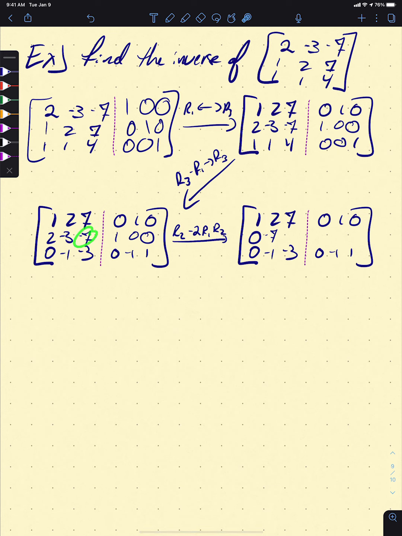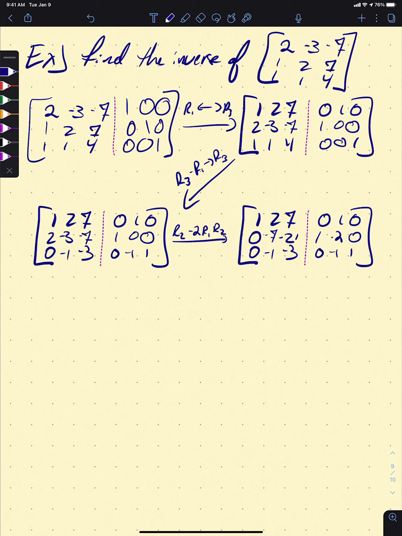We're going to get minus 7 minus 14 for -21, okay? We're going to get 1 minus 0 for 1. We're going to get 0 minus 2 for -2. And we have 0 and 0 there, okay?